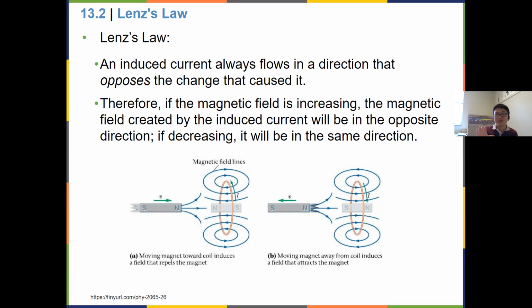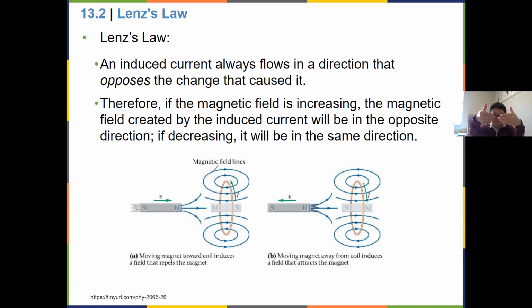For the magnetic field by a current in the coil, we can use the right-hand rule, where the thumb goes in the direction of the induced current, so the magnetic field goes in that direction. The magnetic field produced by the induced current is opposite to the original magnetic field of the magnet. So that's what it means: the magnetic field produced by the induced current is opposite to the increase.